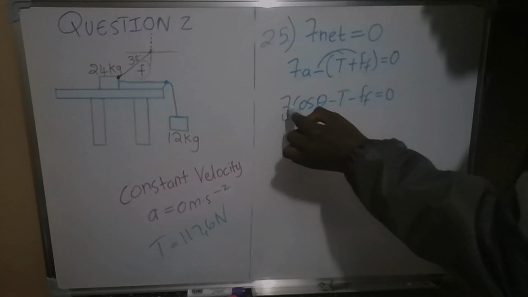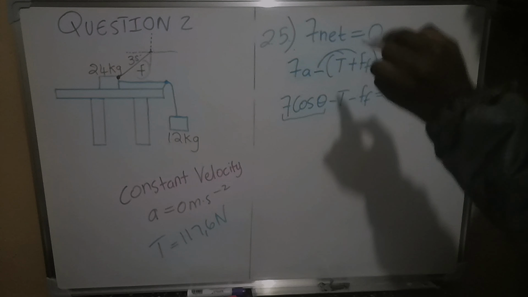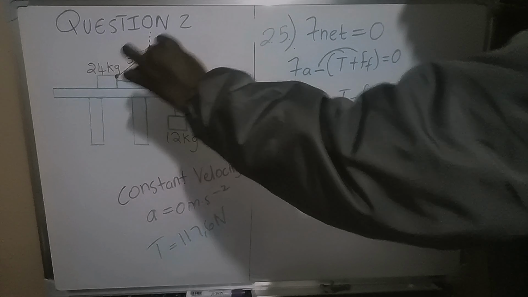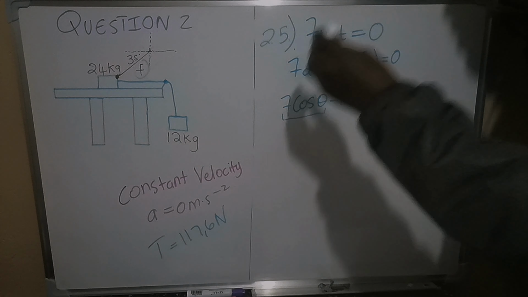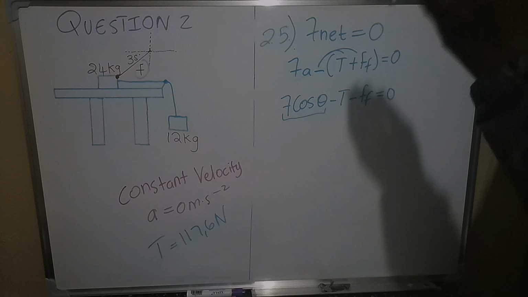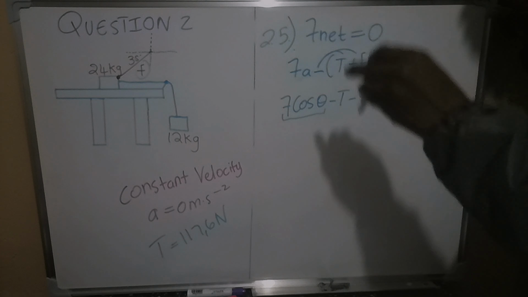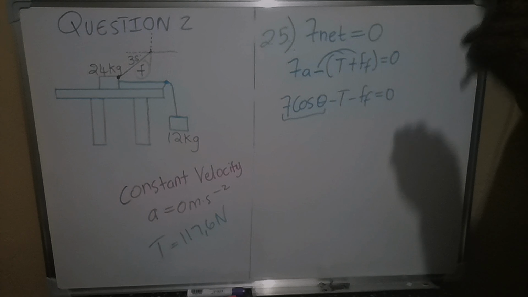But right now we need to find the value of F. We use cos theta if and only if the force acts at an angle. If there's no angle, you don't put in cos theta, you just write F as it is. They will show you on the diagram that this force is at an angle to the horizontal.